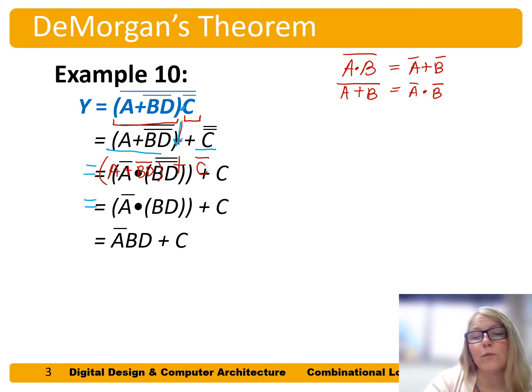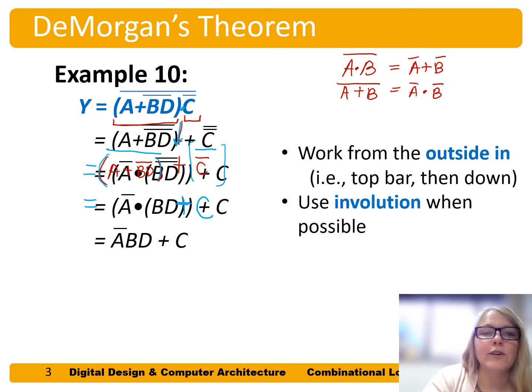I say don't do more than one step at once, but if they're on independent terms, so for example, I'm going to do involution on this term on the right, and C bar bar is just equal to C. And separately, independent from that, I'm going to perform DeMorgan's on this left term here.